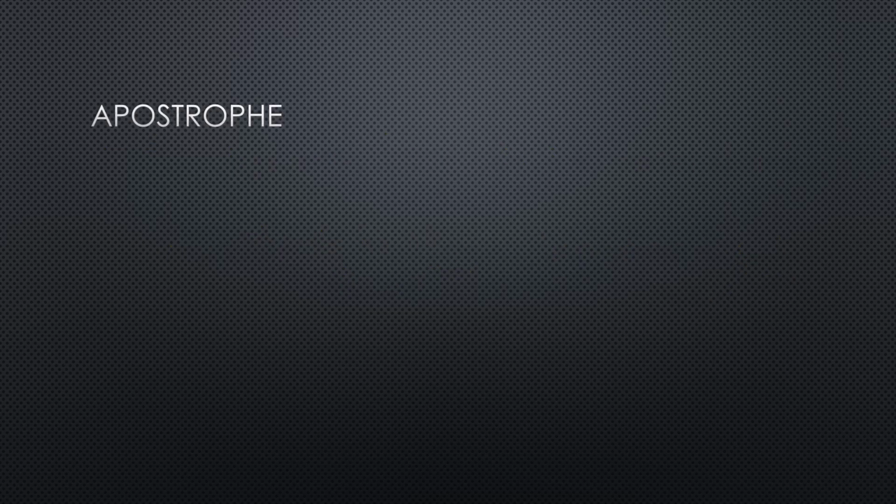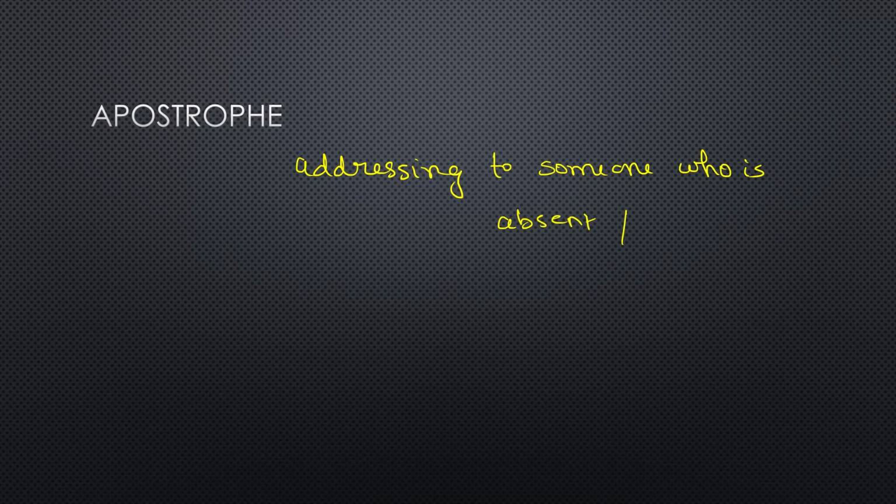Then we have apostrophe. Here we are addressing someone. I mean, the writing is addressing someone who is not present at all in the picture, who is maybe absent, maybe he's no more or non-living. For example, that thing cannot respond, but still we are talking.